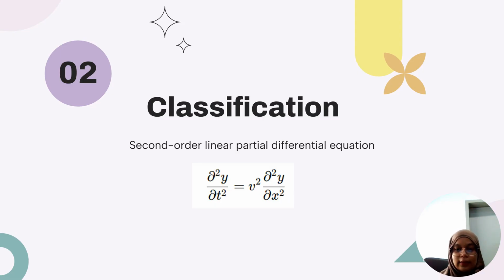Next, it is a linear differential equation. And it is a partial differential equation because it involves more than one independent variable, which are t and x.